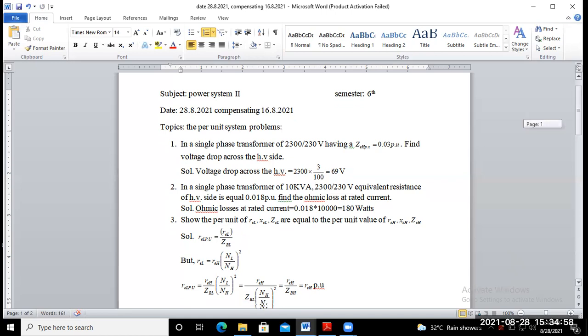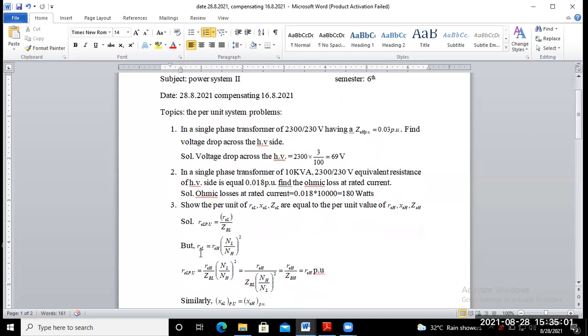So REL in per unit equals nothing but we can put this value in place of REL, divided by the base value. REL in per unit, suffix EL, represents the equivalent resistance on the low voltage side. That equivalent resistance on the low voltage side can be represented in terms of the high voltage side equivalent resistance, represented by REH.